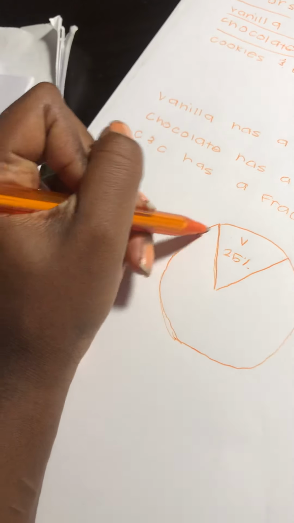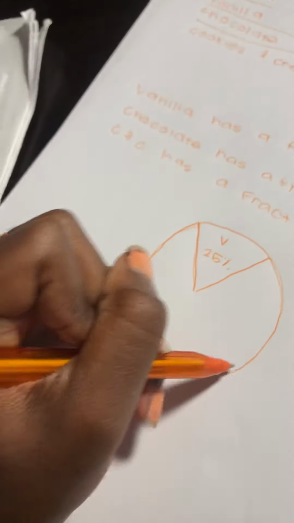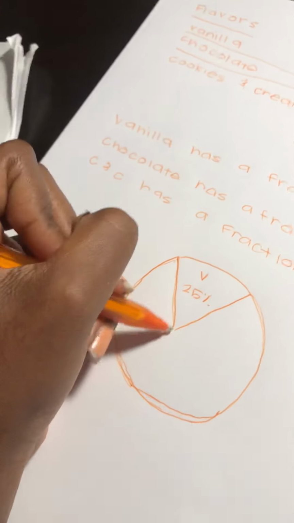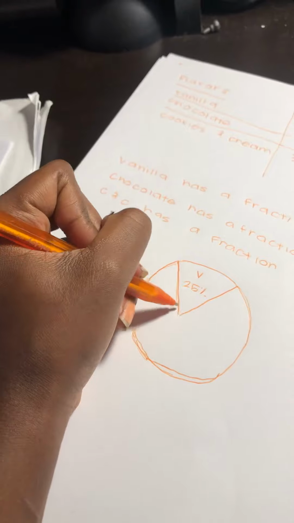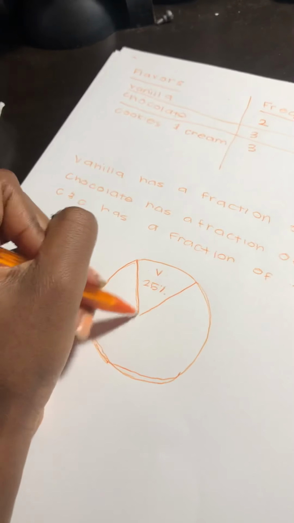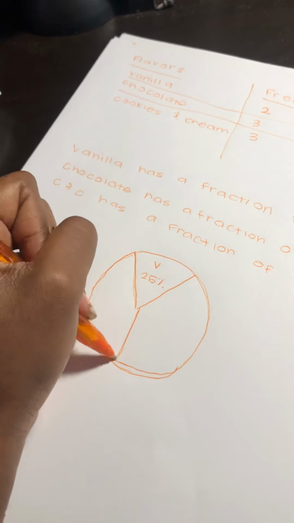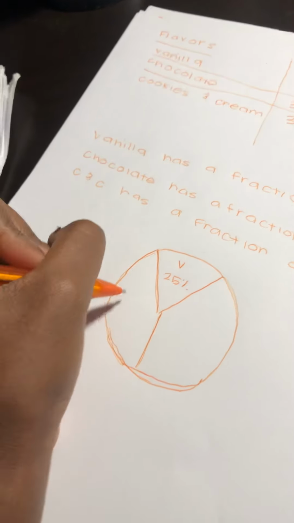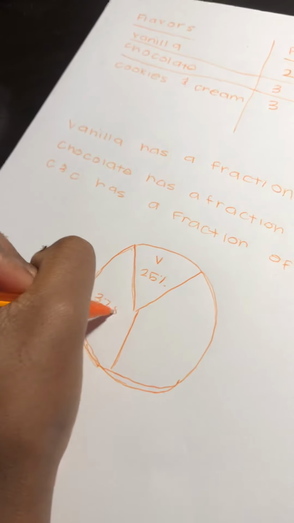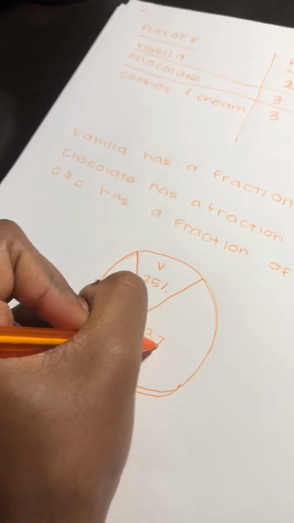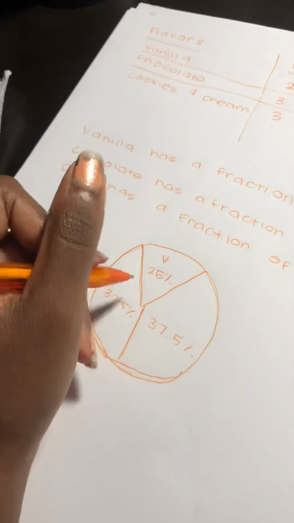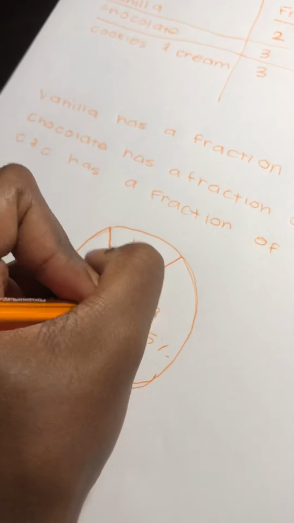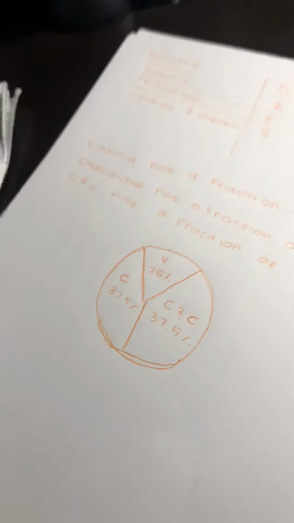It's not quite a good circle, but then you divide this part into a half because the outcomes of these are both 37.5%. So put 37.5%, 37.5%. Label this chocolate, and this one cookies and cream. There you have it, a pie chart.